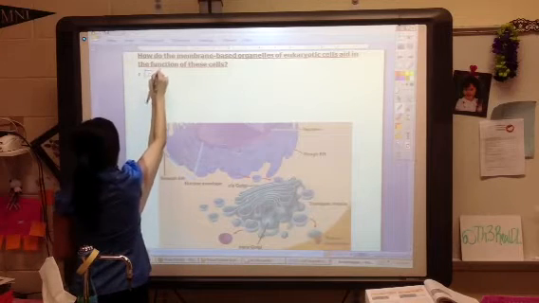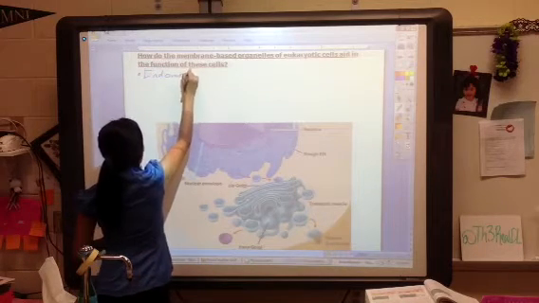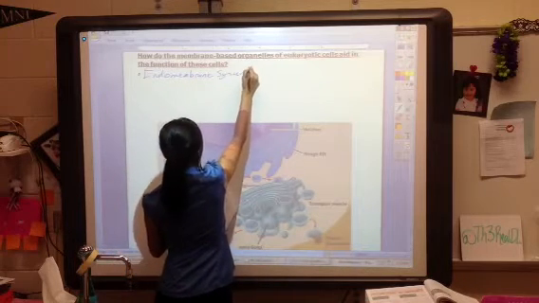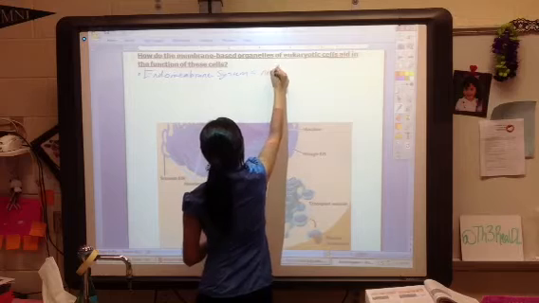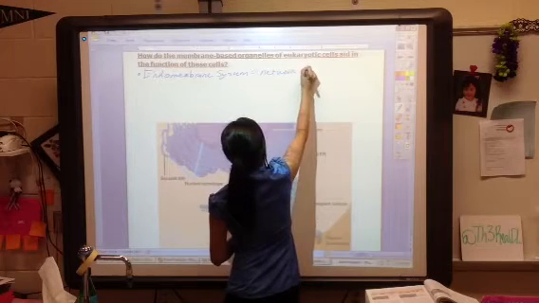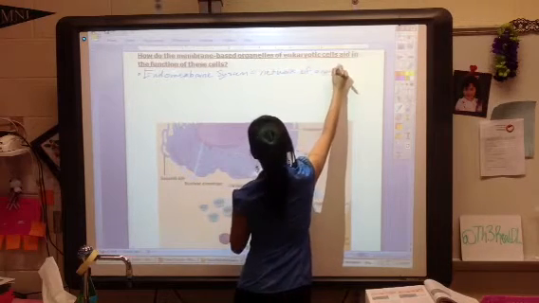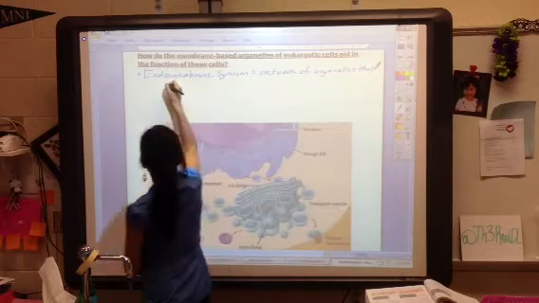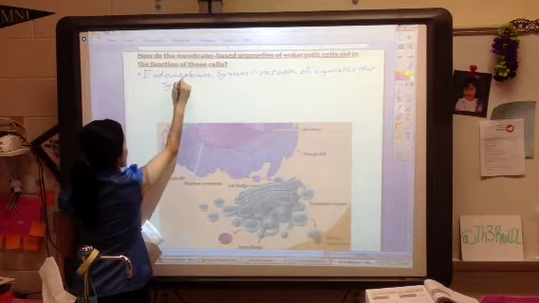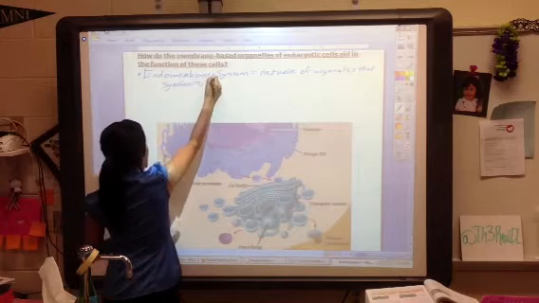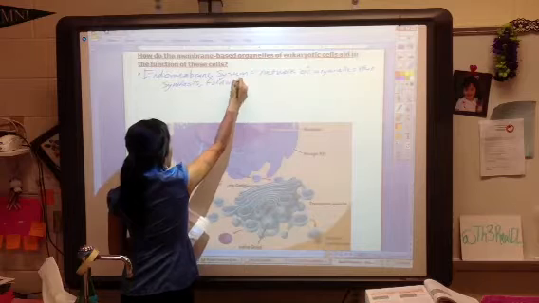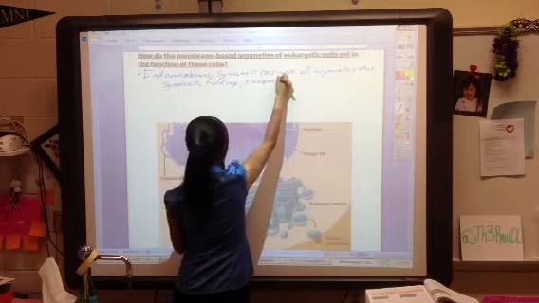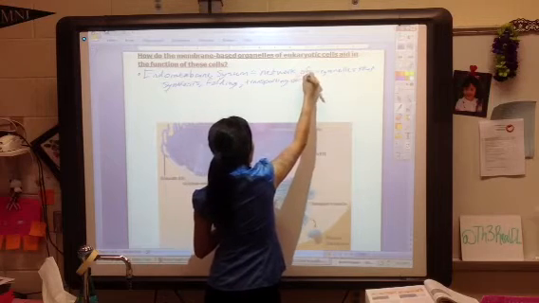So the endomembrane system is going to be a network of organelles that participate in synthesizing, folding, and transporting of proteins.